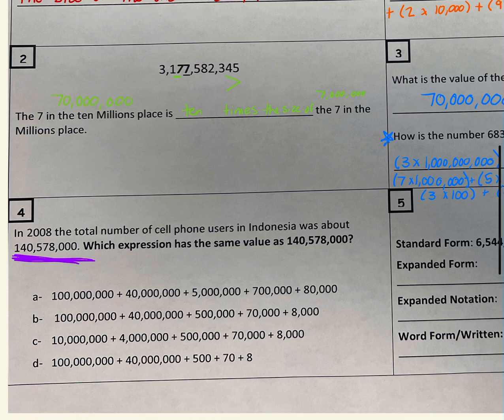So let's go through. What I like to do to really help set myself up is go ahead and expand it out so that my brain is ready for it. So I have 140,578,000. I see that that 1 isn't just a 1, but it's 100 million. Then I had my 40 million.